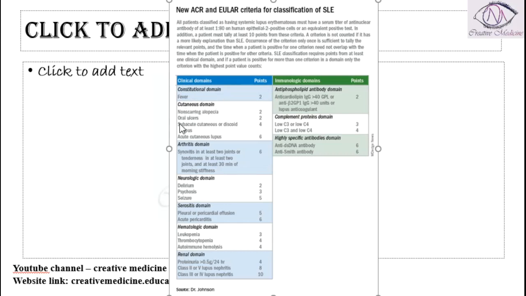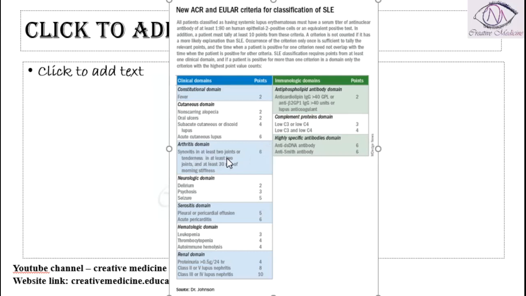In the cutaneous domain, non-scarring alopecia is given 2 points, oral ulcers are given 2 points, subacute cutaneous and discoid lupus is given 4 points, acute cutaneous lupus is given 6 points, whereas in the arthritis domain, if the patient has synovitis, then 6 points are given.